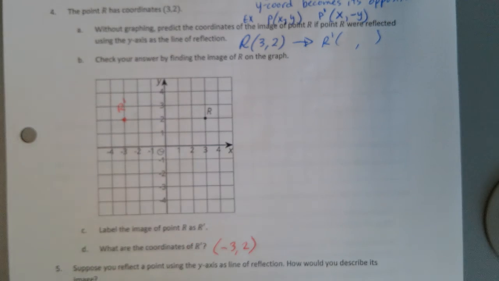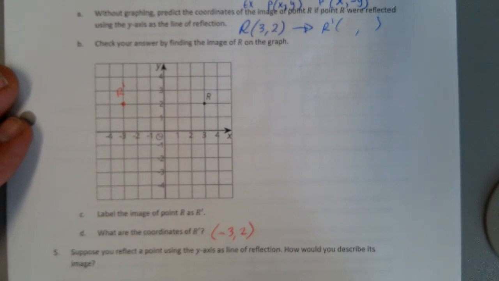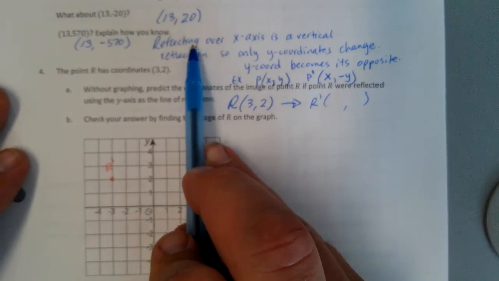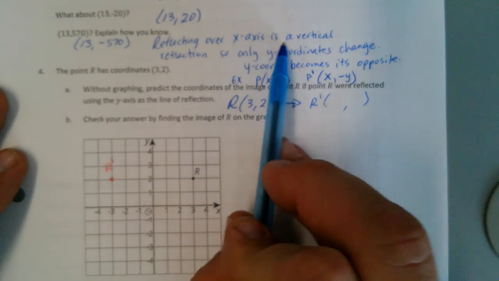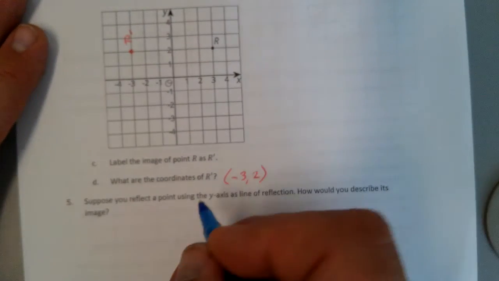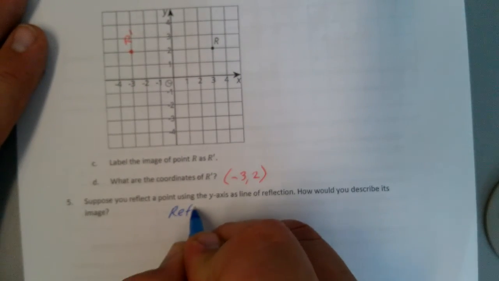So let's say this. Suppose you reflect a point using the y-axis as a line of reflection. How would you describe its image? Well, I think we could go back and look at our description here when we understood that reflecting over the x-axis is a vertical reflection, so only the y-coordinate changed. I think we could say pretty much the same thing.